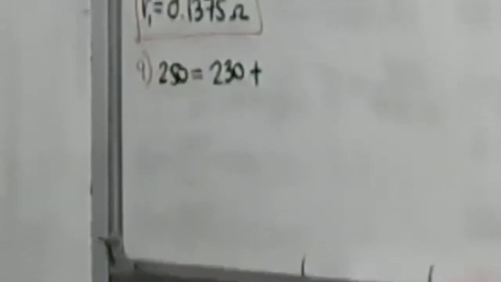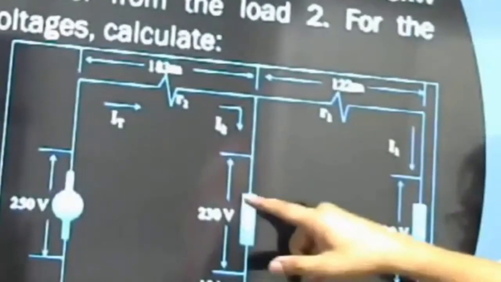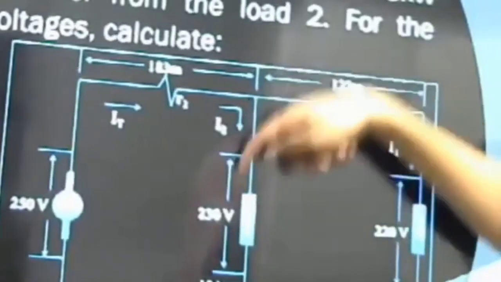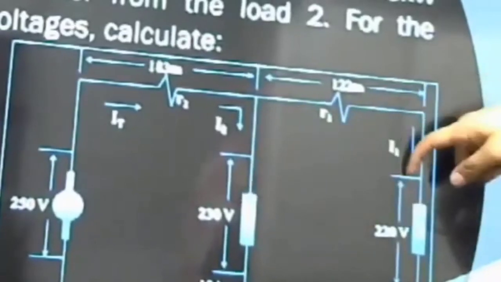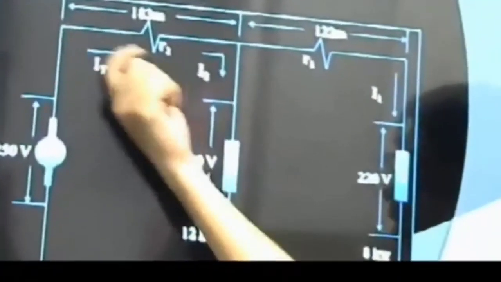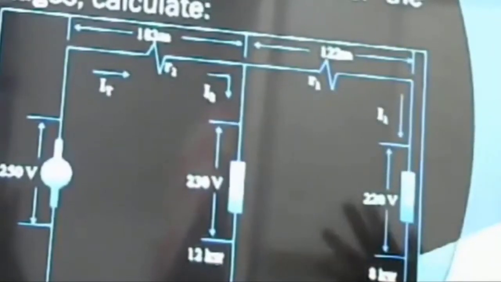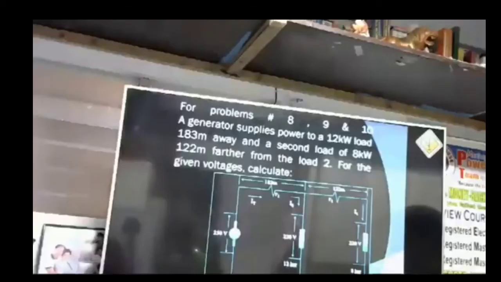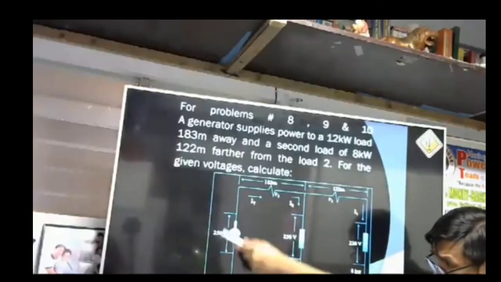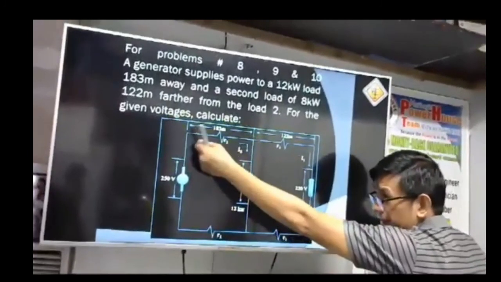We may see here that this is our I2, the current flowing at load 2, and this is our I1. Then you will see here the total current. The total current is always the current that will be delivered by the source, the 250 volt DC generator.